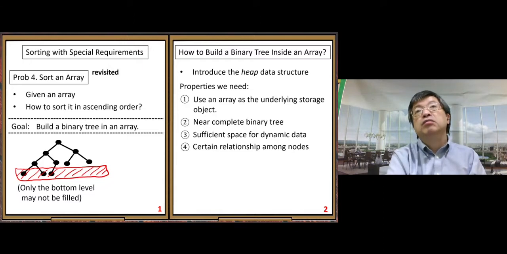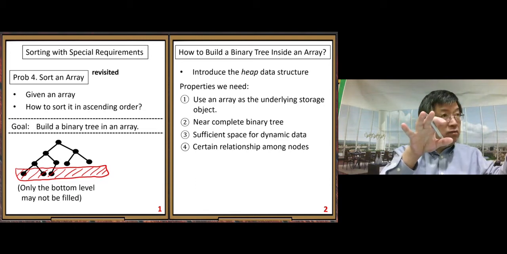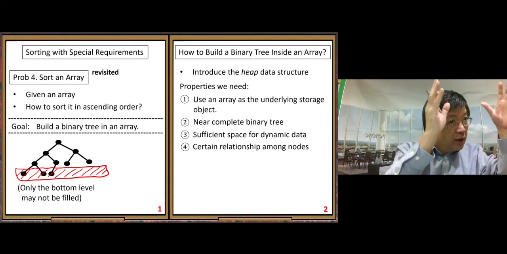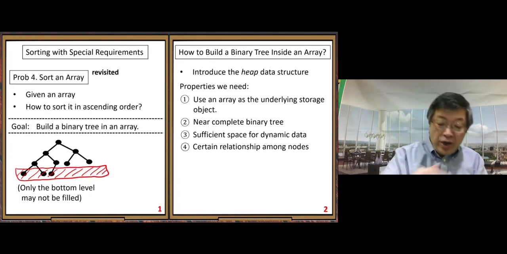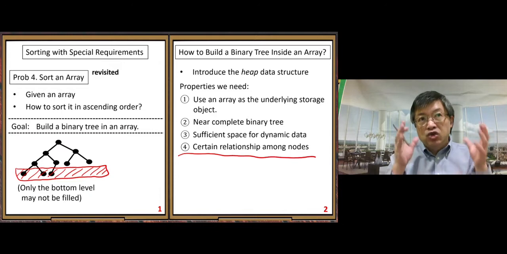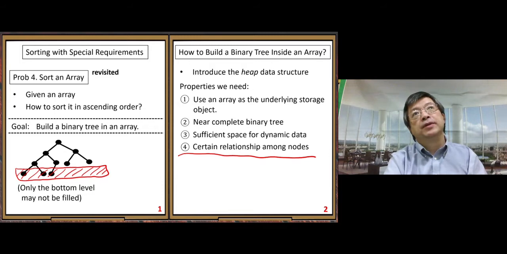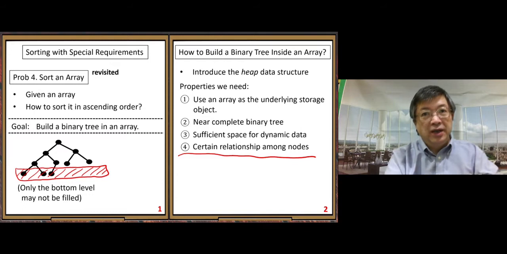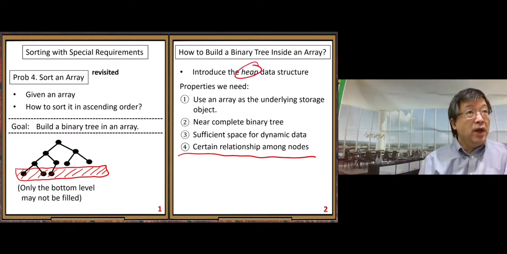How do you address that relationship? In a given ordinary array, we cannot address that kind of relationship. So we need to do something more to describe the parent-child relationship. So that's something we need to do. All right. So now you understand what we need in the heap data structure.